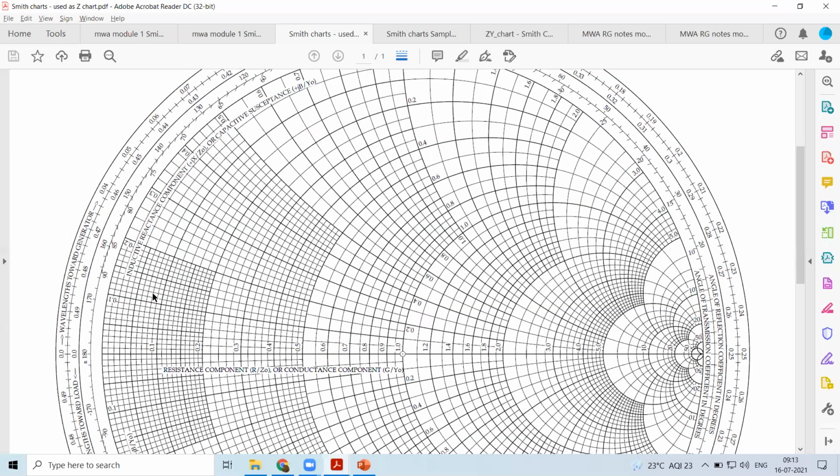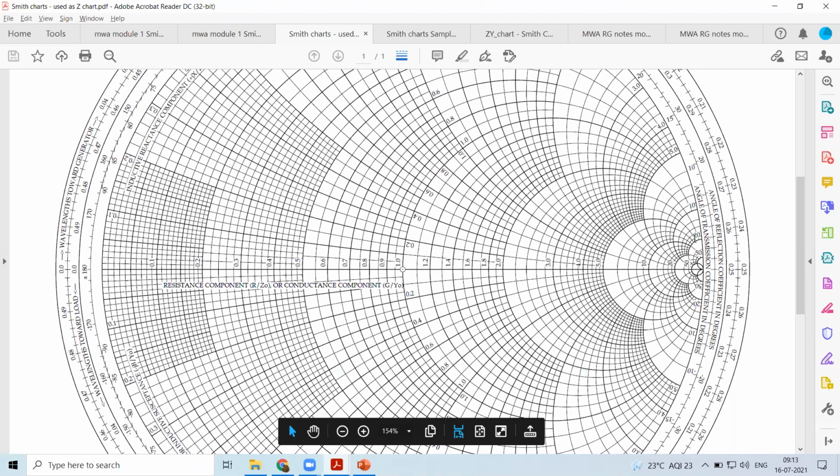You can see there are several circles present. I'm discussing this again because we need all these things for solving the problems. This is the Smith chart used as an impedance chart.